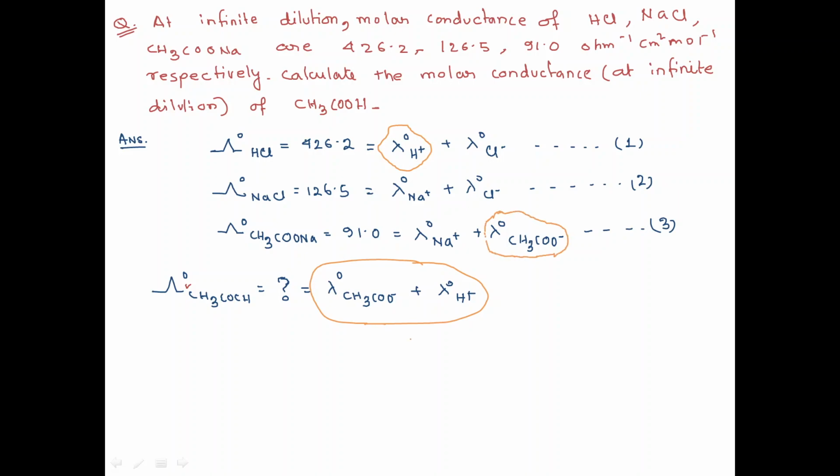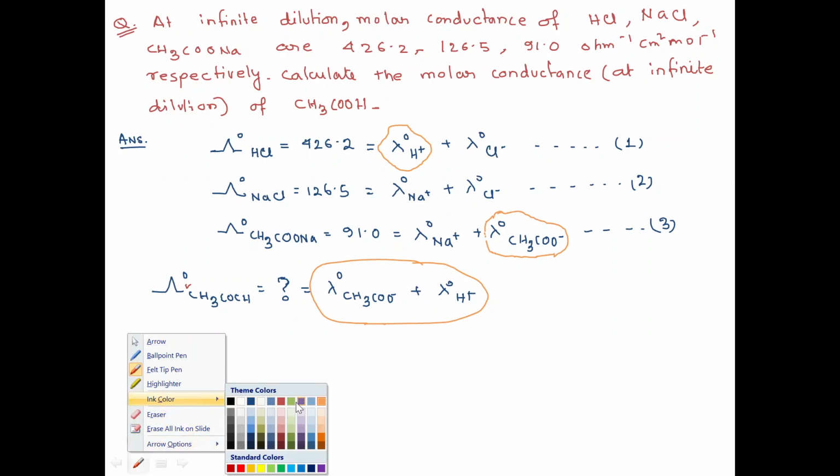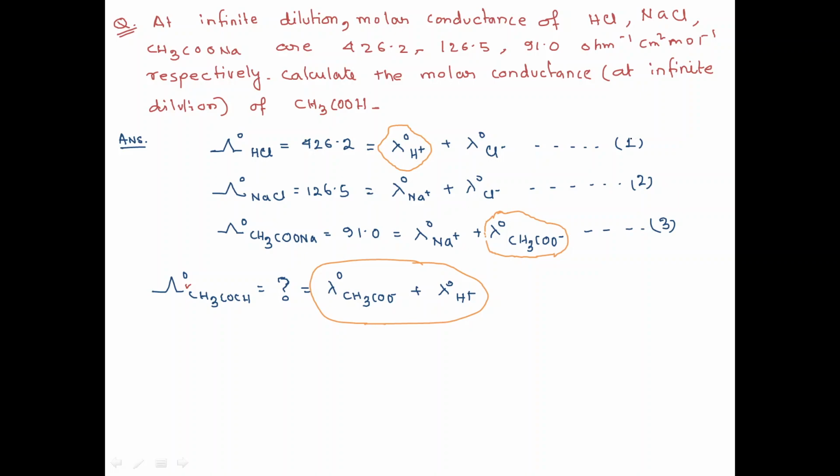Okay, so try to manage these three equations to get only these terms, and the rest of the terms we don't need. So we'll arrange these three equations in such a manner that the other terms will get cancelled out.